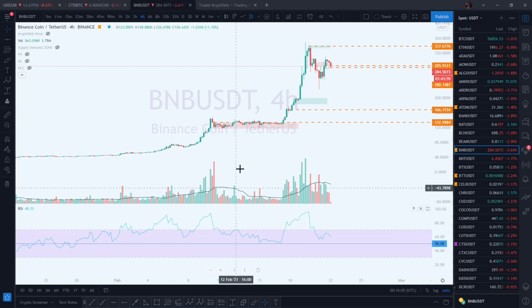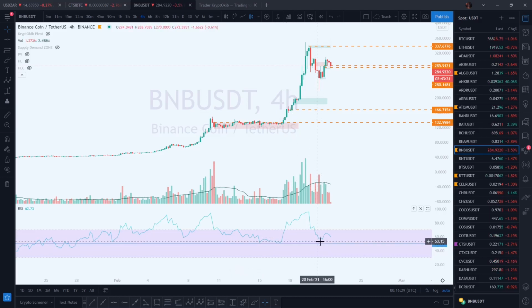So if the price, not price in this instance, as in the RSI, sometimes my is price, sorry. So if this RSI line is above the 50 mark, it simply means that the market is bullish.